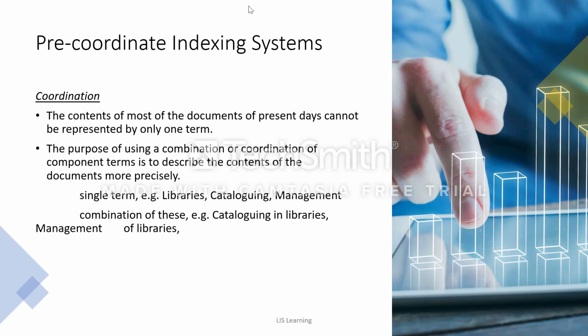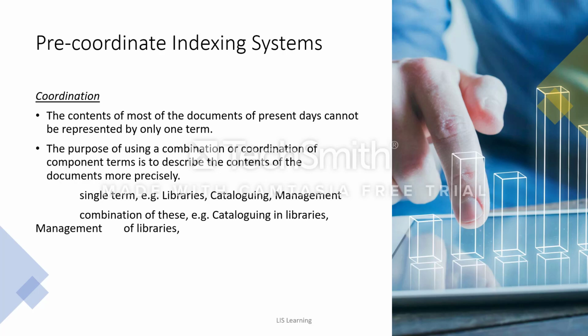So we combine or coordinate the different concepts to represent the concept of a document. The purpose of using combination and coordination of component terms is to describe the content of the document more precisely. We can take an example of single terms like libraries, cataloging, management.